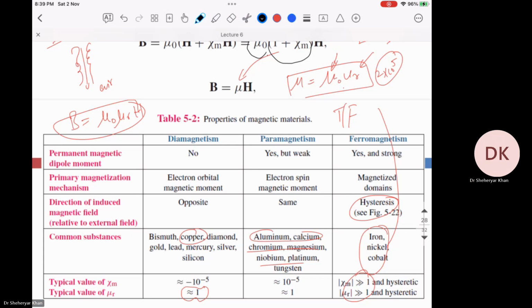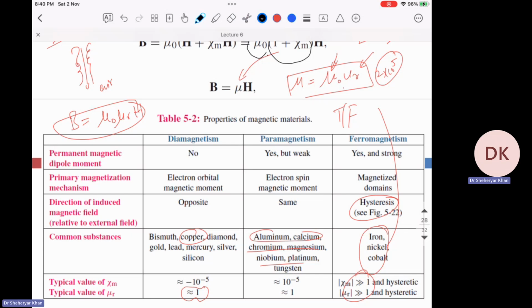We need some material which is magnetic, so the flux from the copper conductor can be distributed from primary to secondary. This is the comparison. That is why there are three types: dia, para, and ferromagnetic.